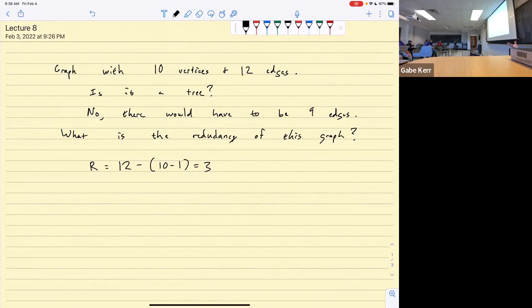There are certain things you can just know based on numbers, like the number of vertices and edges. Whatever this graph is, its redundancy tells us how many possible paths there might be between places. One way of thinking of it is flexibility. If you think of going from one place to another, how much flexibility do you have? The more the redundancy, the more possibilities you have.